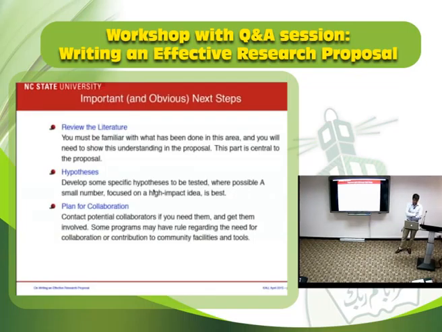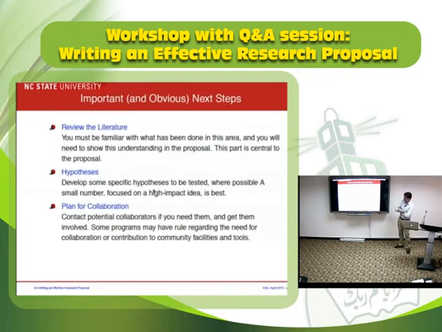So the program manager or program director will select reviewers who have expertise in the area of the proposal, okay? They're not going to give it to random reviewers. So you can be certain that these reviewers have a good understanding of the state of the art.